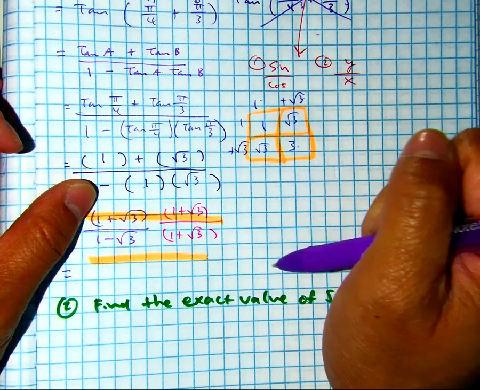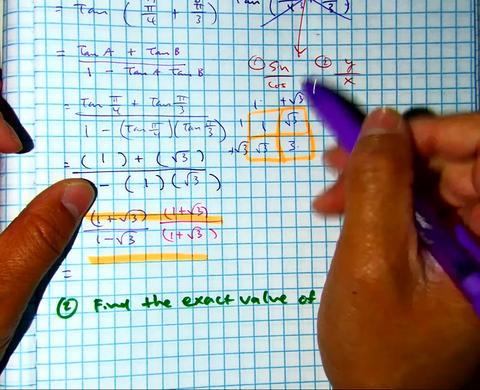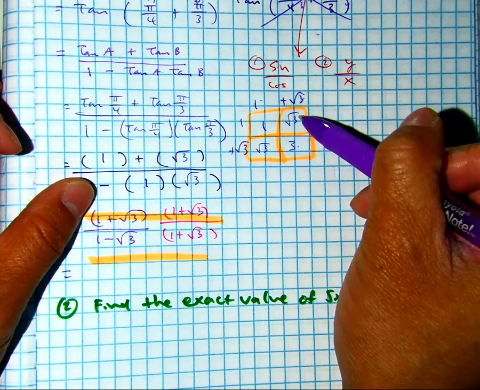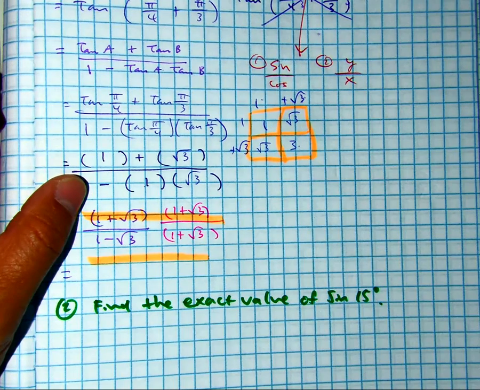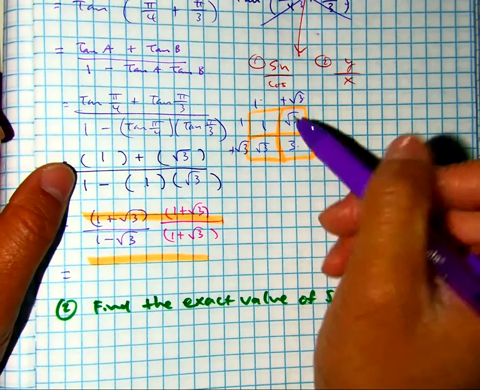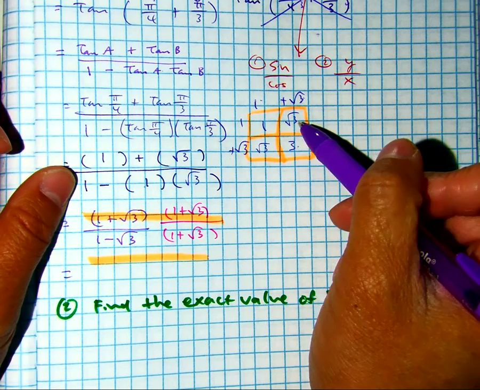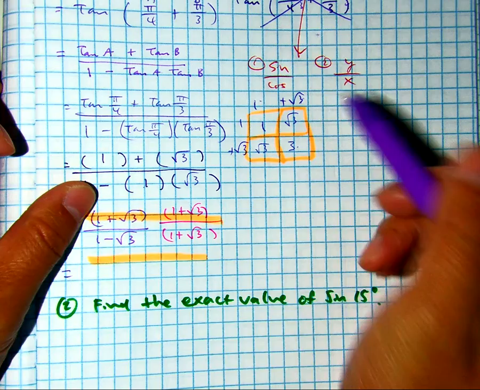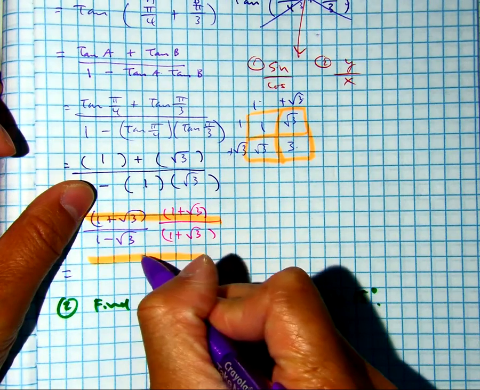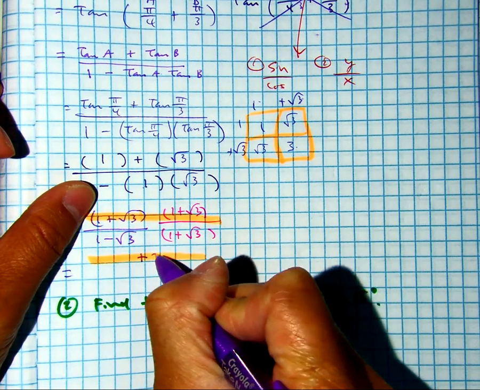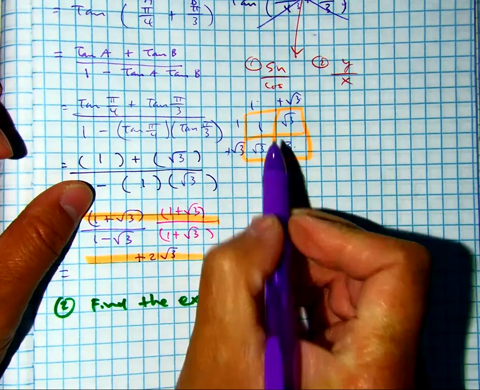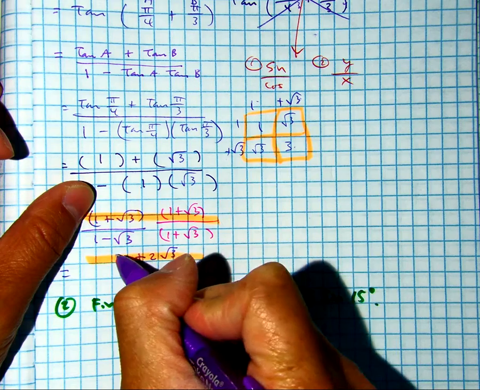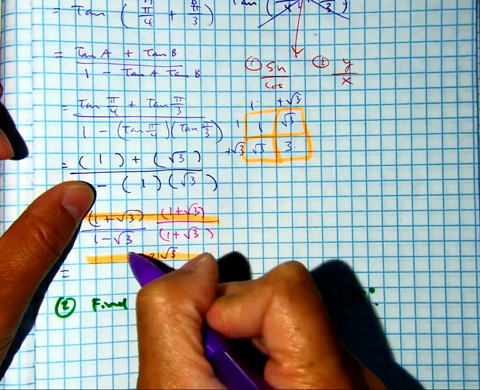Oh, radical 6. So if I said x plus x, what would you say? That'd be 2x. So radical 3 plus radical 3 would be what? 2 radical 3. And then Robin, 1 plus 3 is? 4.